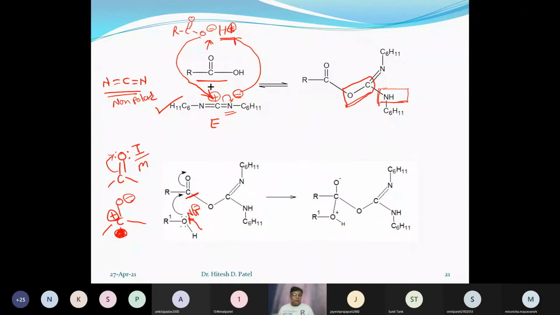Means oxygen of alcohol will attack on the carbon and this oxygen becomes negative, and as a result we will get O minus here and OH plus here. Why did this happen? This oxygen donated electrons and this oxygen pulled electrons, and that's why one oxygen has a negative charge, another oxygen has a positive charge.